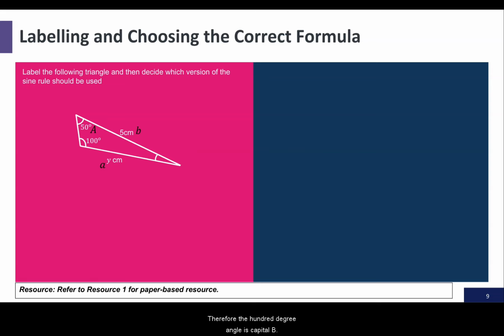Therefore the 100-degree angle is capital B. The final, third side is lowercase c, and the angle opposite is capital C. And I'm finding a side length, so there is the correct formula. I'm finding a side length, so the lengths are on the numerators.